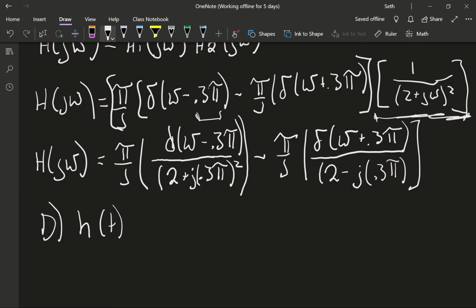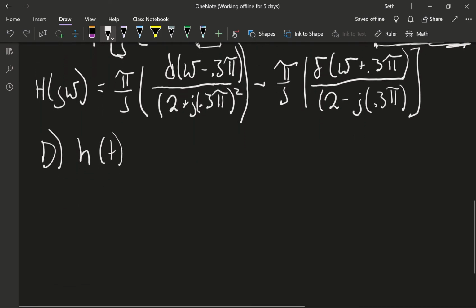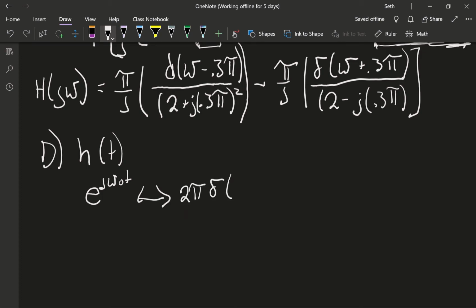So we can go to our table of Fourier transforms, and we know that e to the j omega naught t maps to 2 pi delta of omega minus omega naught.